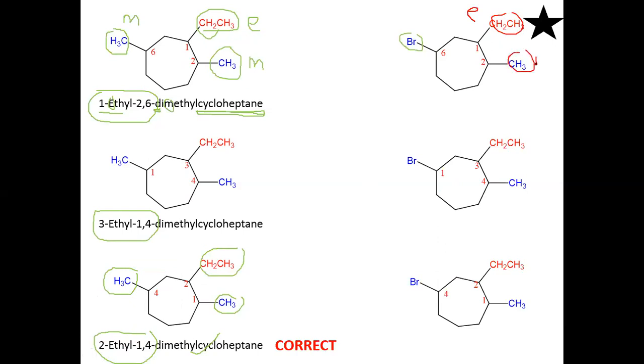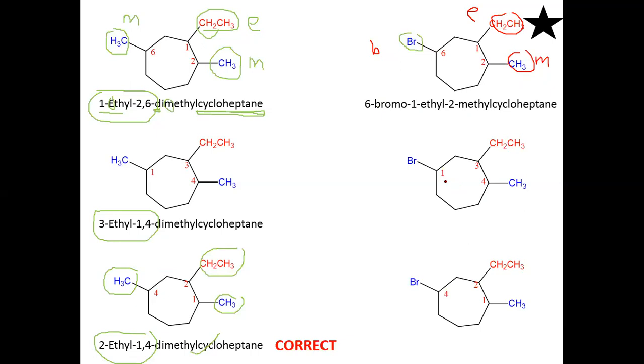This is methyl. This is bromo B. So write down the name according to the alphabetically order. So bromo, ethyl, methyl. So 6 bromo, 1 ethyl, 2 methyl, cyclohexane.